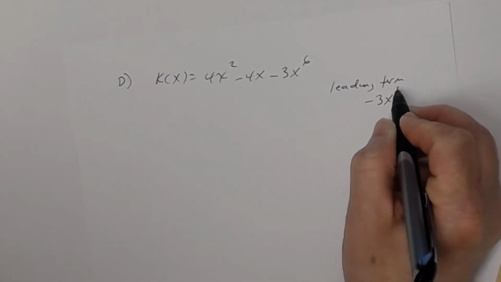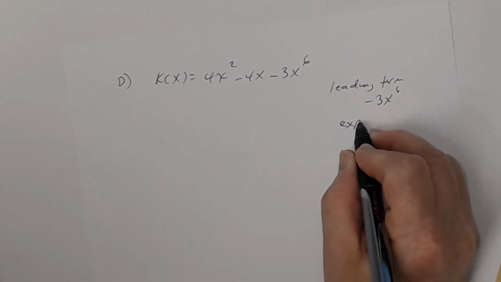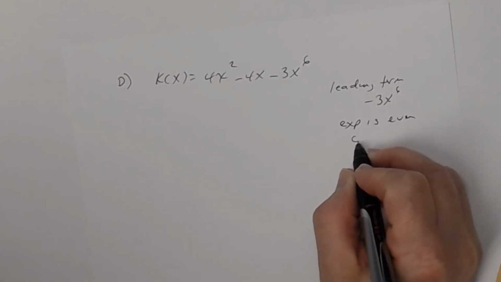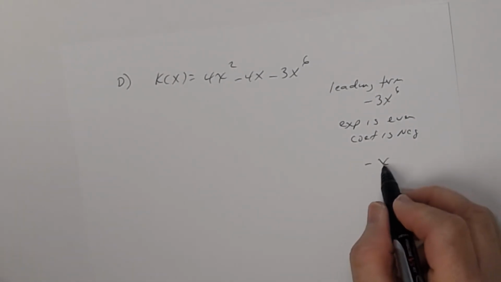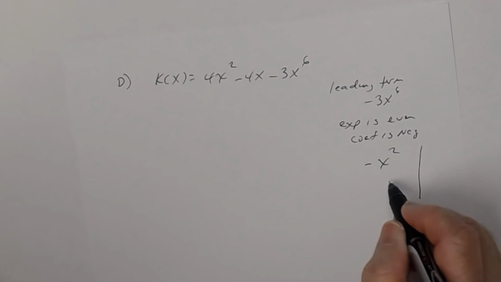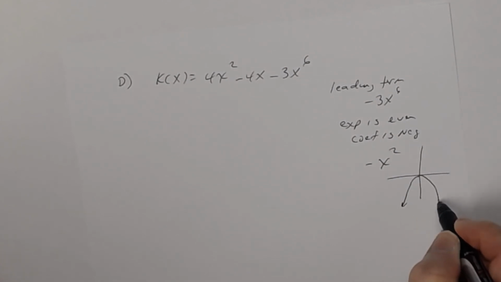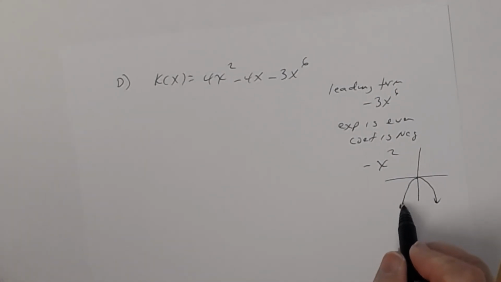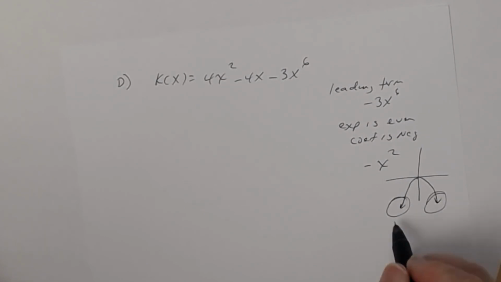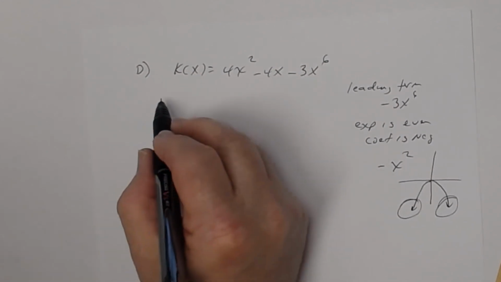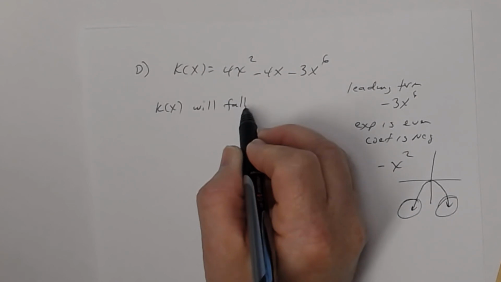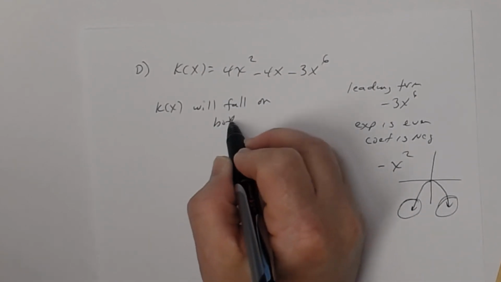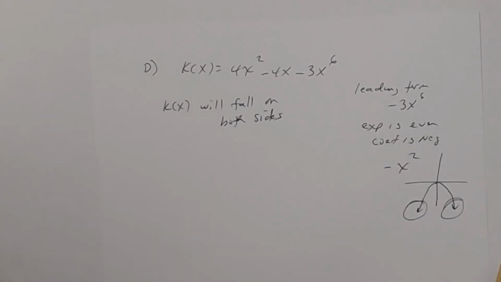The exponent is even and the coefficient is negative, so think about negative x squared. The end behaviors point the same direction, down. So k of x will fall on both sides.